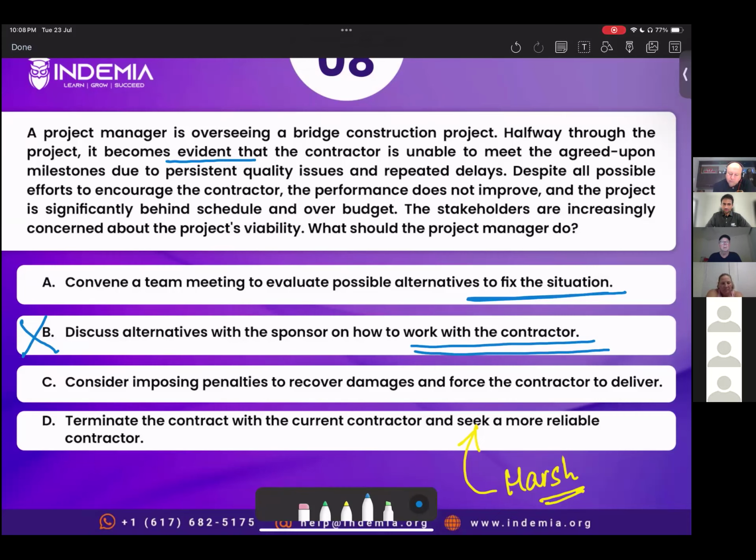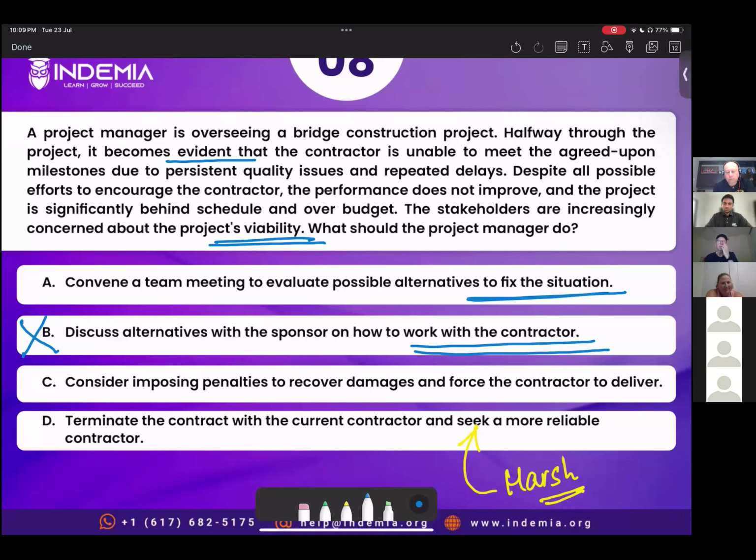So first, it is clear they're not able to complete the project on time or within budget. Second, you have done whatever is possible to encourage the contractor, but it hasn't worked. And then the stakeholders are increasingly concerned about the project's viability. So they are also concerned about the project. What should the PM do?